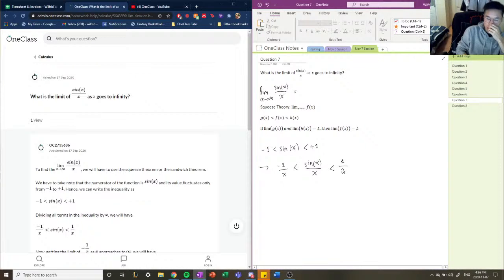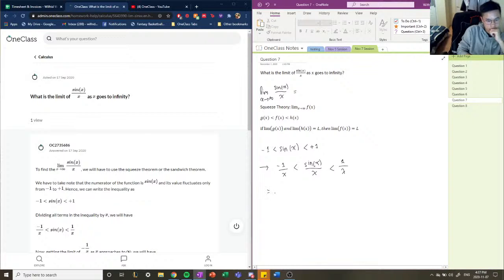Once we divide it by x, we have found a group of functions, namely 1 over x and -1 over x, that sandwich or squeeze sine x over x. This is just mathematically how that works. We can try to graph it out and see it, but by doing this clever trick, we have found two functions that sandwich or squeeze sine x over x, right?